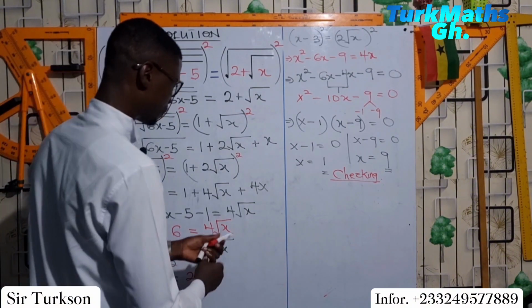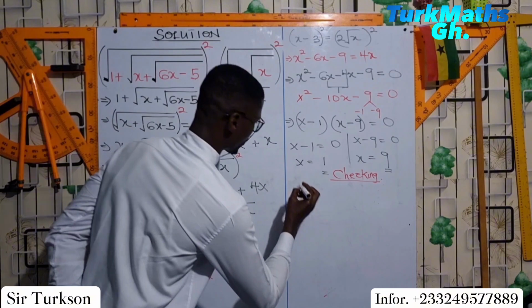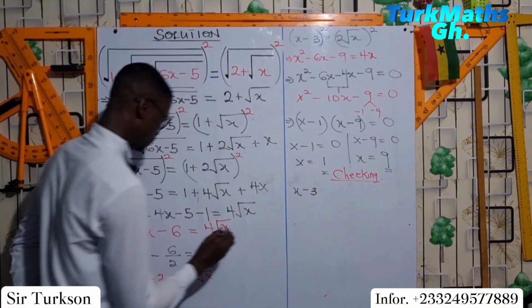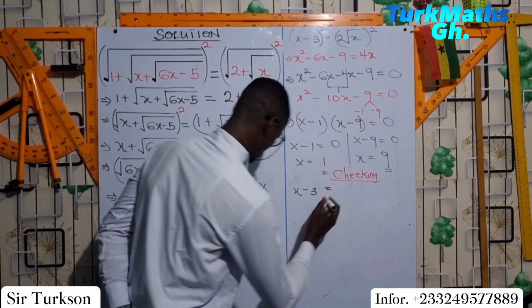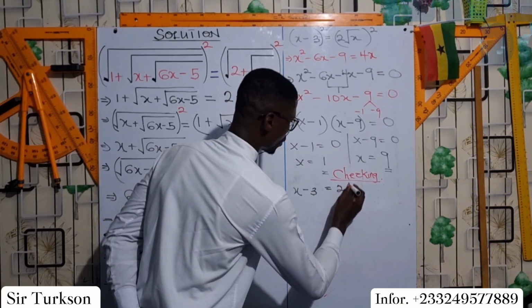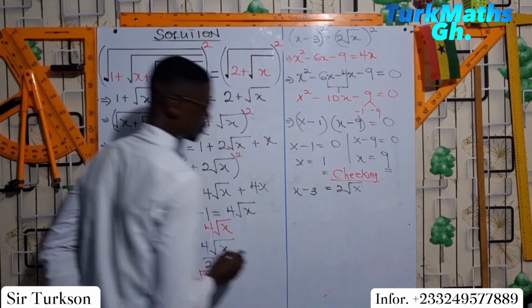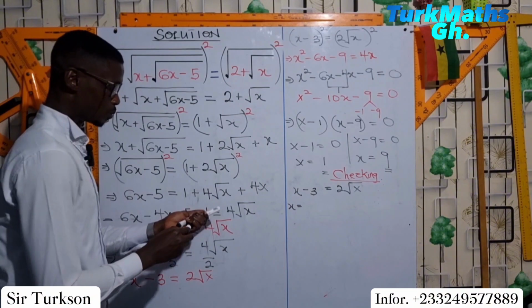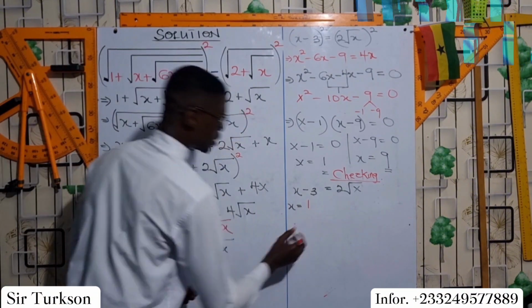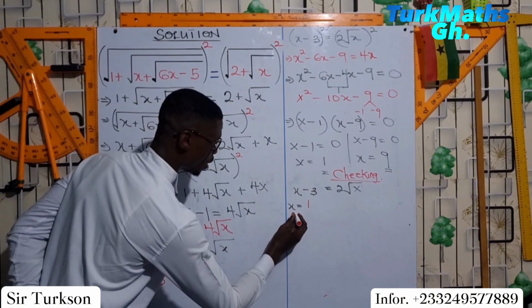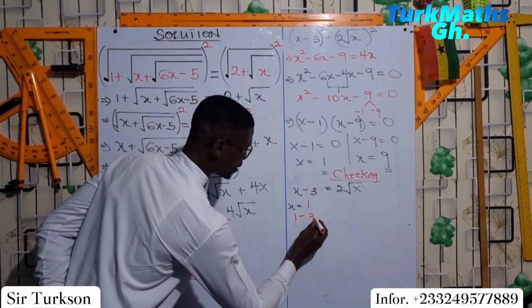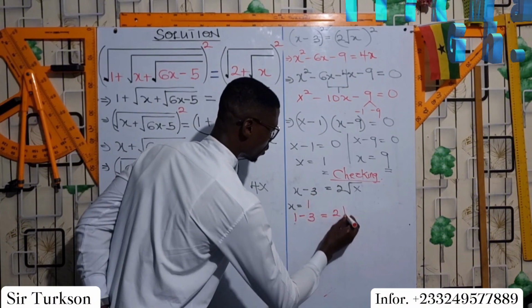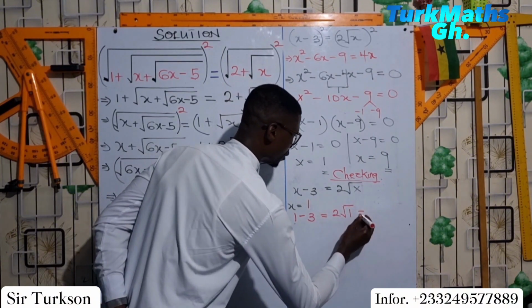So I'm going to have x minus 3 is equals to 2 root x, where x is equals to 1. So I'm going to plug 1 here. So 1 minus 3 is equals to 2 root 1.